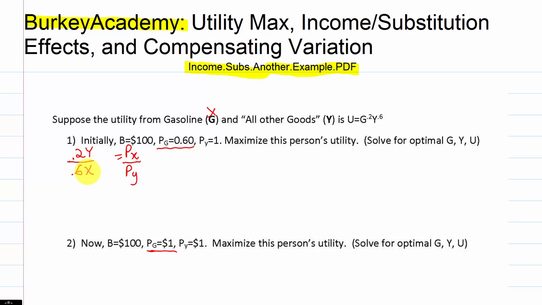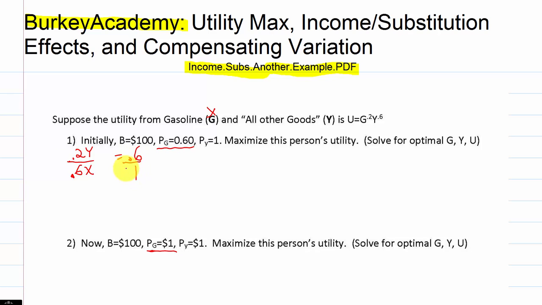I'm just going to leave it as x to make it less confusing, because then we know x is the variable graphed on the x-axis, and x stands for our gasoline. The price of gasoline, we're assuming, is 0.6, and the price of all other goods is $1 a piece.